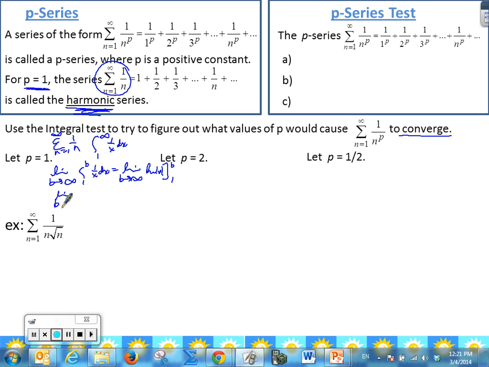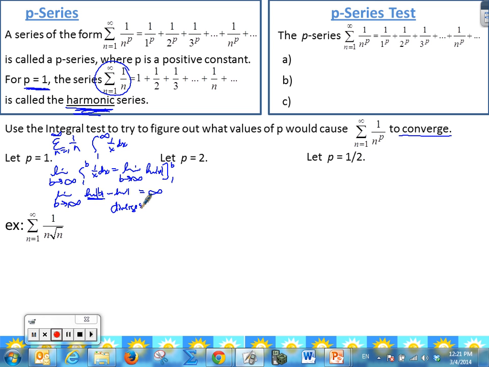So we have the limit as b goes to infinity of ln b minus ln 1. What's going to happen to this term as we head towards infinity? It's going to tend to infinity. It diverges, and by the integral test, if the integral diverges, then so does the series. So this diverges.